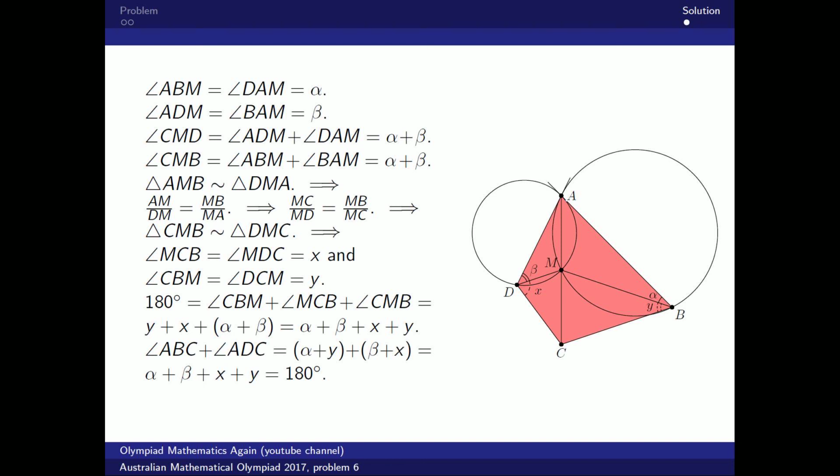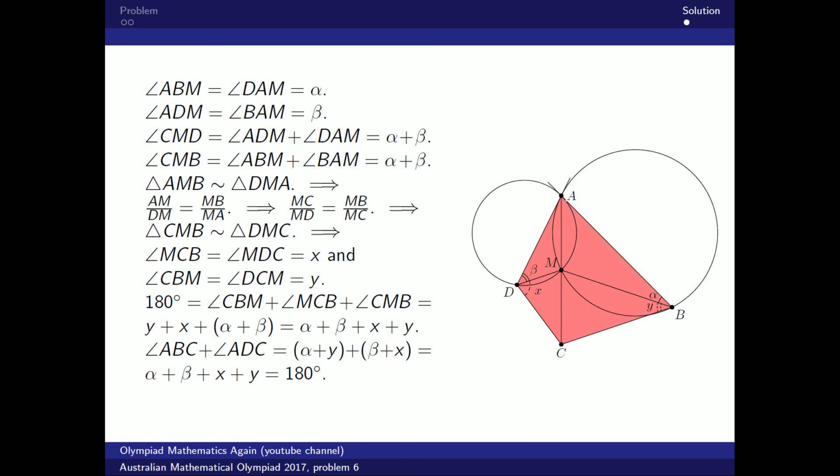So the angle ABC is equal to alpha plus y, and the angle ADC is equal to beta plus x. So in total we have alpha plus beta plus x plus y. And this is equal to 180 degrees from the previous point that we established.